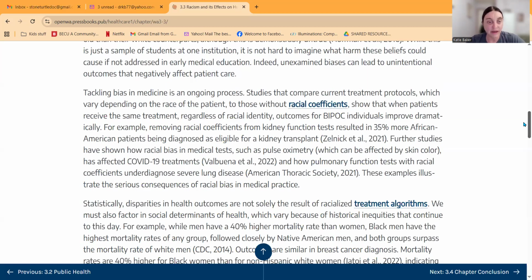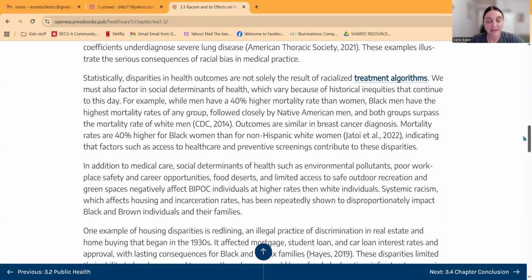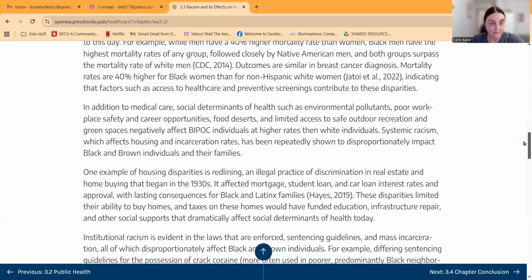And then we talk about how the University of Washington is causing some changes to occur. So there are some statistics in here about treatment algorithms that are racialized, as well as social determinants of health and how they affect people differently depending upon their background.